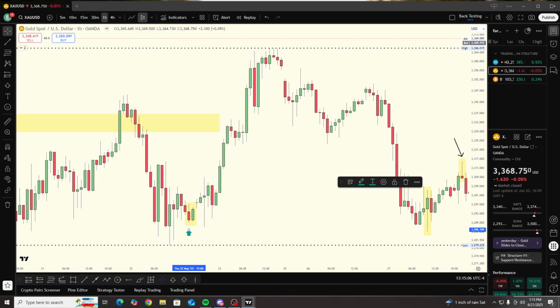You could always find support at a low, and you could always find resistance at a high. So as you're going in the markets, I suggest you mark stuff off. That's the biggest thing.